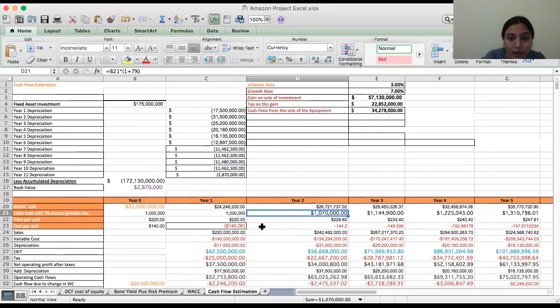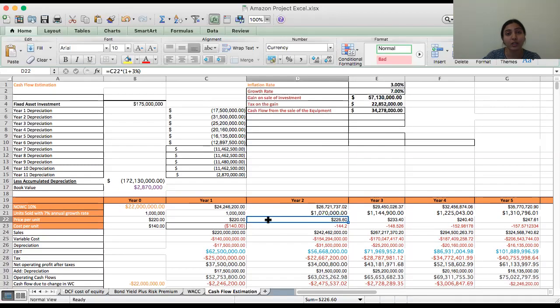Let me show you how I did it. Price per unit 220 multiplied by 1 plus 3% inflation rate. Applying the same formula, you will get it for all the 11 years.